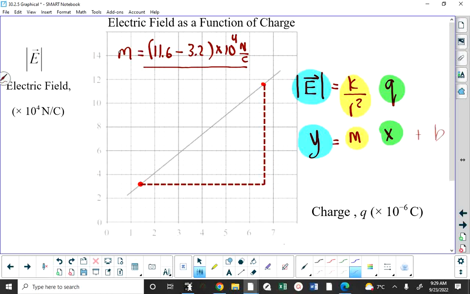Across the horizontal axis, each square is 0.2. So for example, 6, 6.2, 6.4, 6.6, 6.8.